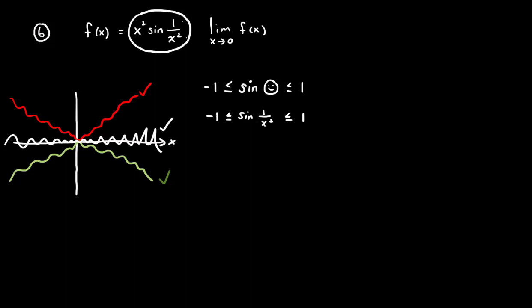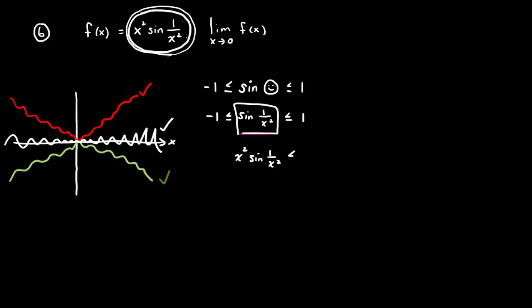That's a real nice inequality that we have, but that is not the contents of our sandwich. The contents of our sandwich is what we have circled here. So what we want is x squared sine of 1 over x squared. That's what we want. So how did I go from this purple portion here to here? Well, I multiplied by x squared.